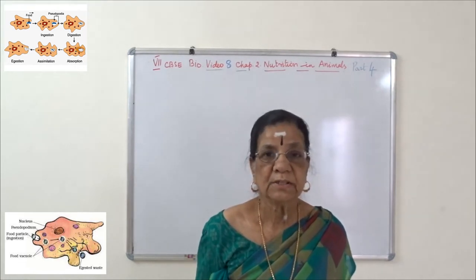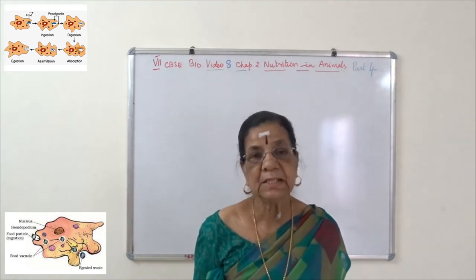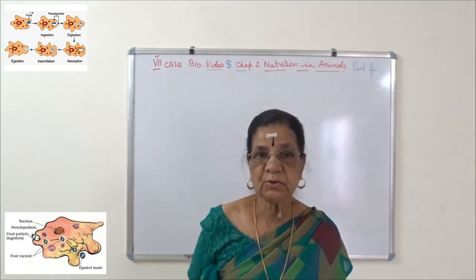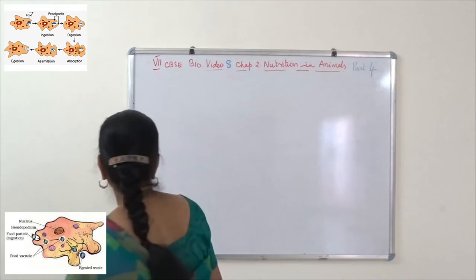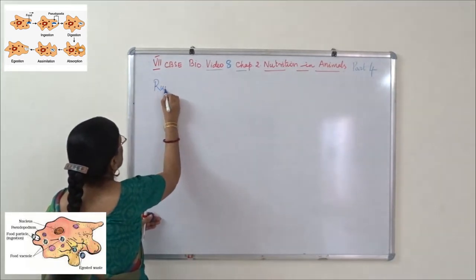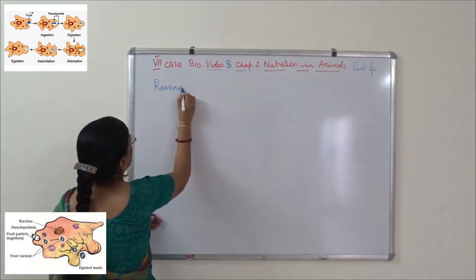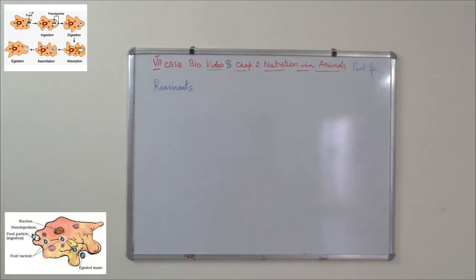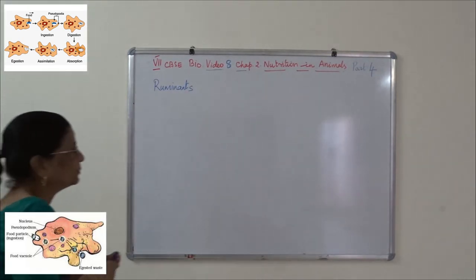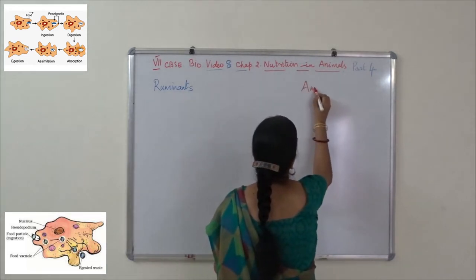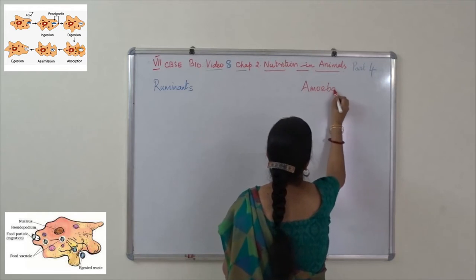Now today we are completing this lesson, Chapter 2, Nutrition in Animals, where we are going to learn about nutrition in ruminant animals, otherwise we say ruminants, and nutrition in amoeba. Nutrition in ruminant and nutrition in amoeba.